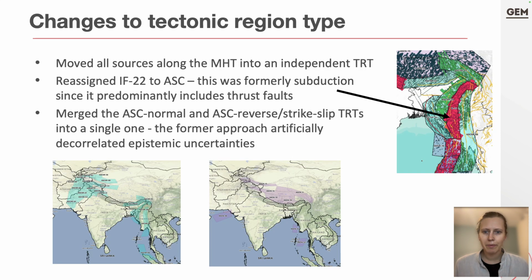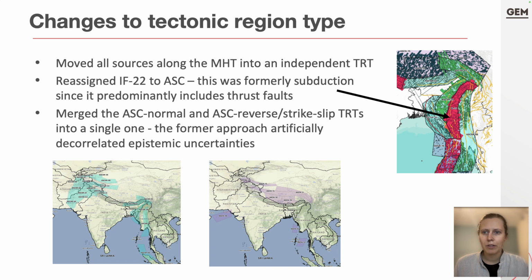The final change we made to the seismic source characterization is in regards to the tectonic region type. So we decided to move all of the sources that are pertinent to the main Himalayan thrust onto an independent tectonic region type. So some had formerly been assigned interface and some had formerly been assigned active shallow crust, and we decided to merge this into a single independent tectonic region type.